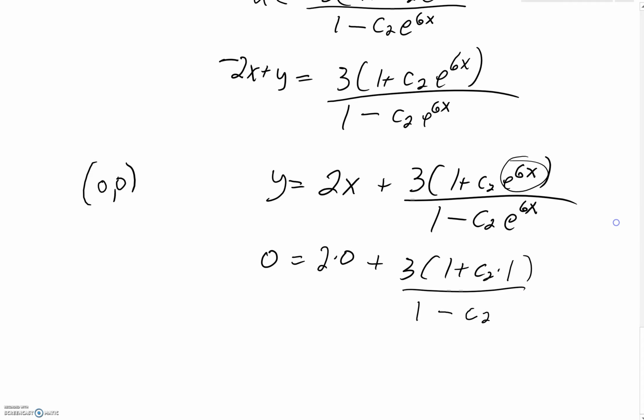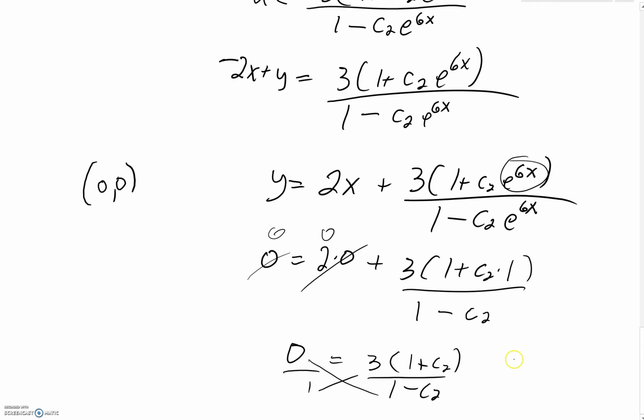So while we're getting there, we're really super close. You can see this and this is just a 0. And then how do we solve for C2? Well, it's hopefully not going to be too much work. You can cross multiply. And as you do that, you're going to see that you get 0 is equal to 3 times 1 plus C2.